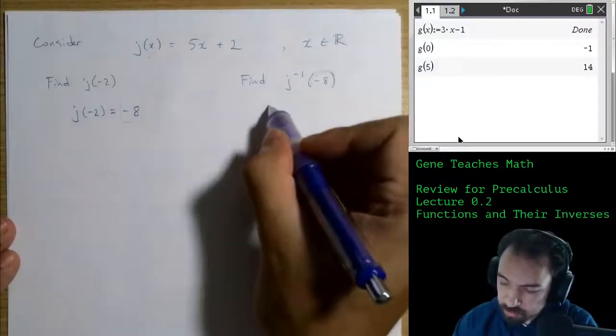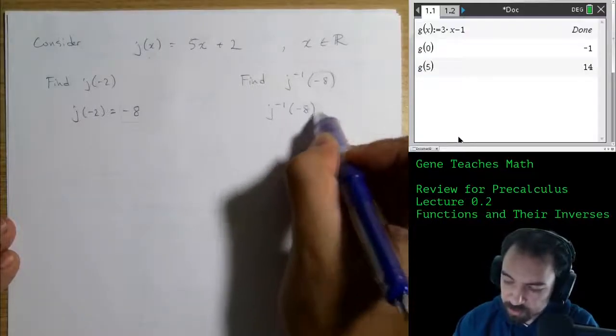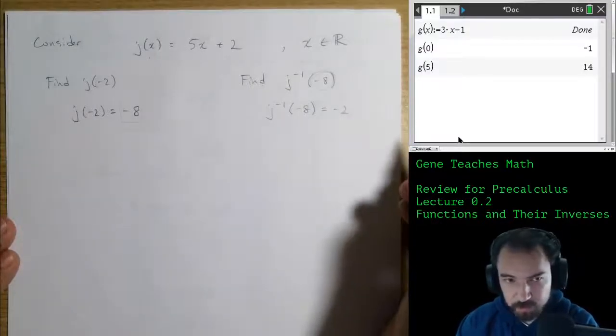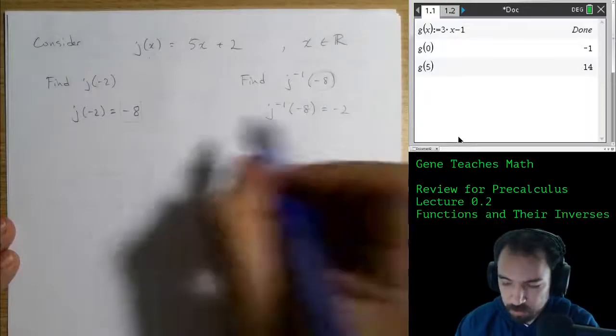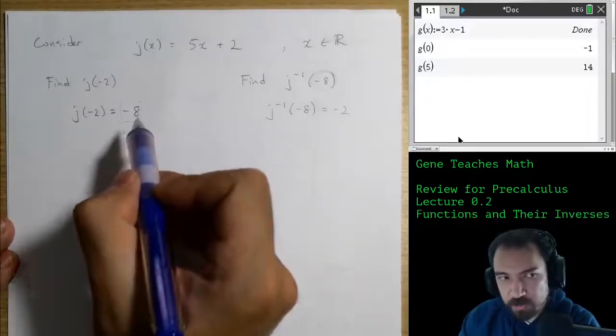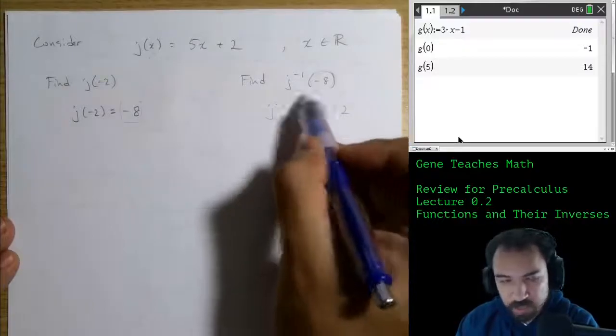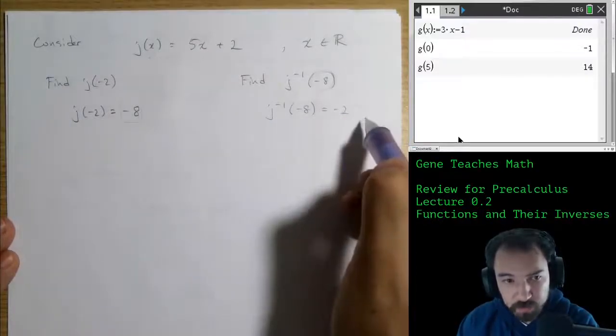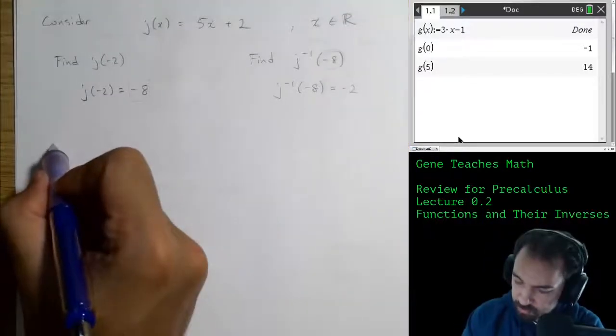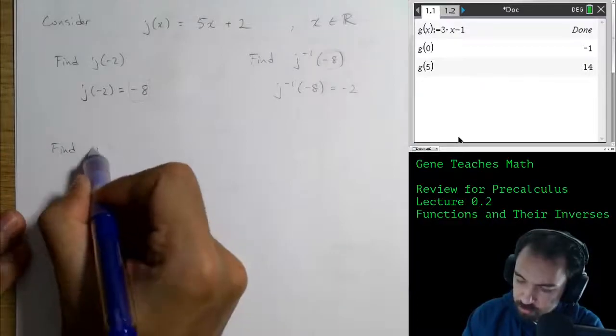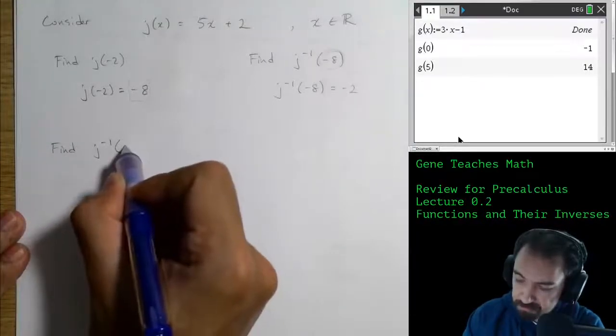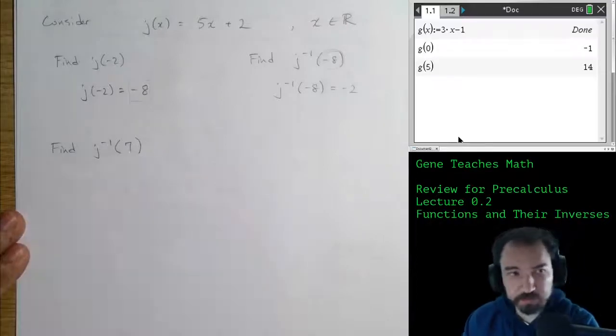So I can immediately conclude that j inverse of -8 is -2. But this raises the question, what if I never did that? How could I have known that j inverse of -8 would become -2? Because what if I then asked you, find j inverse of 7, for example?